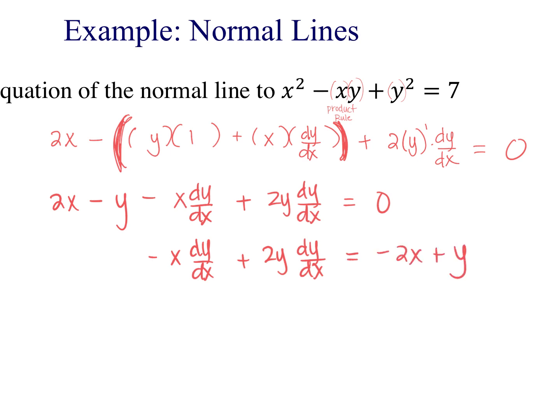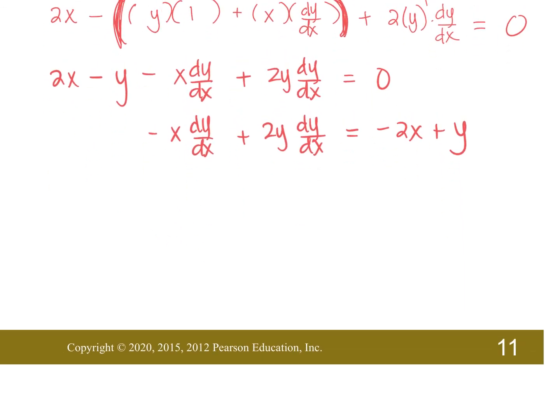So I'm just clearing space to make room for my factoring and division. So dy dx can factor out from negative x plus 2y and have me be equal to negative 2x plus 1y. So the only final thing I have to do is divide.